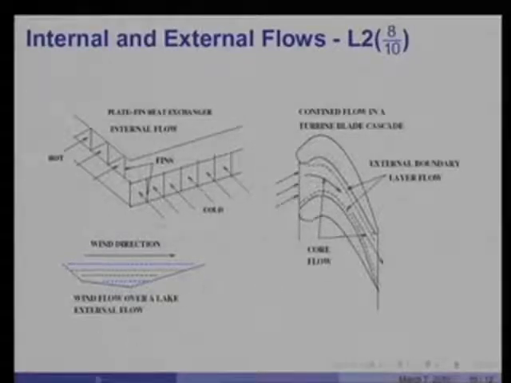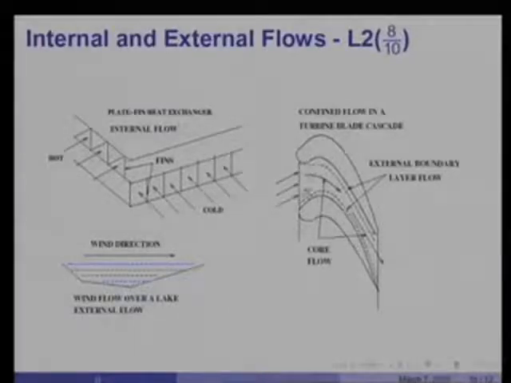These two are very easy to understand, but in mathematical modeling, sometimes we actually treat a confined ducted flow also as an external flow. Where does that happen? For example, if you consider a gas turbine, then the turbine blades are mounted on a disc at a prescribed pitch.